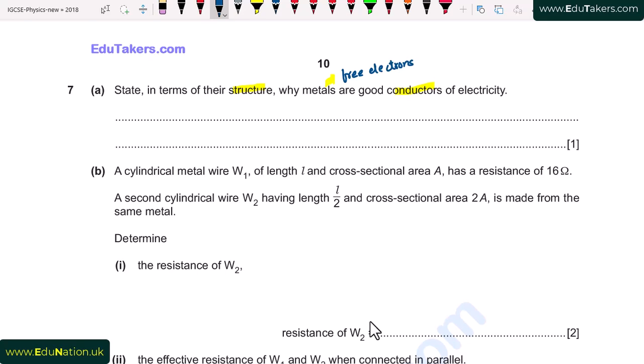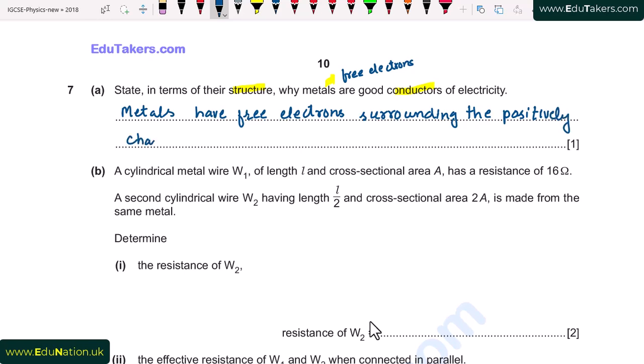I write here metals have free electrons surrounding the positively charged metal ions. Electrons can move easily.